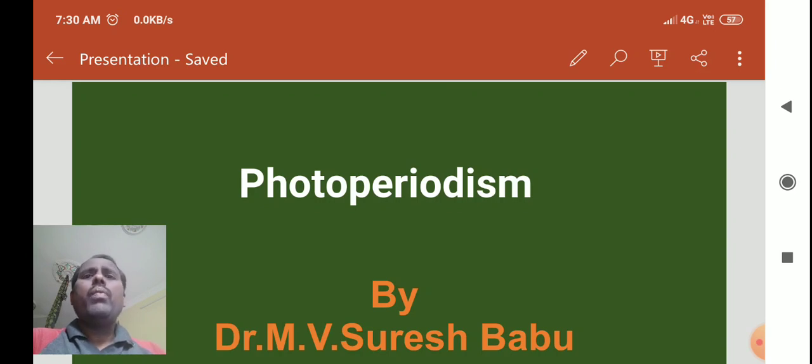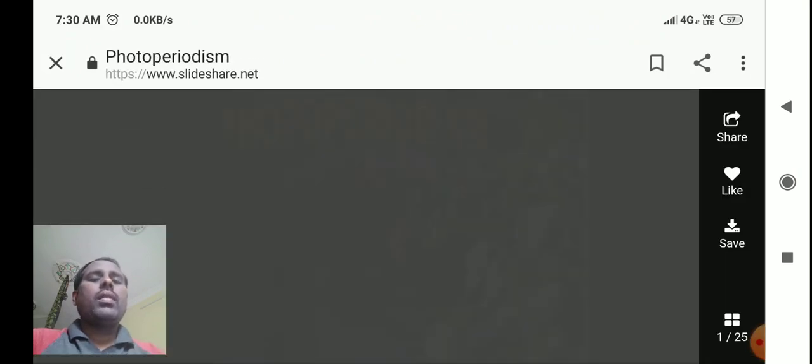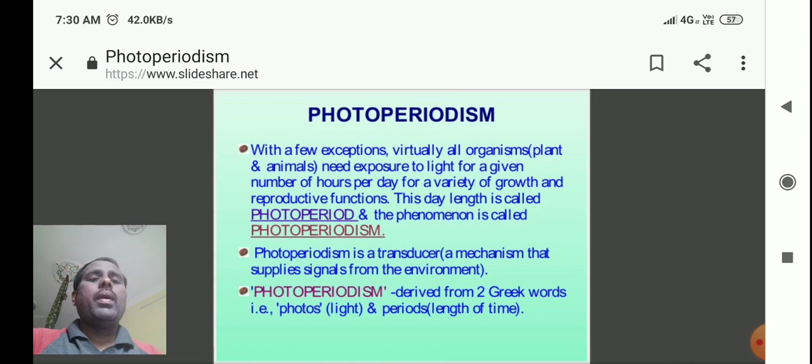Photoperiodism may be defined as the response of plants and animals to the length of the day and night. The term is derived from two Greek words.